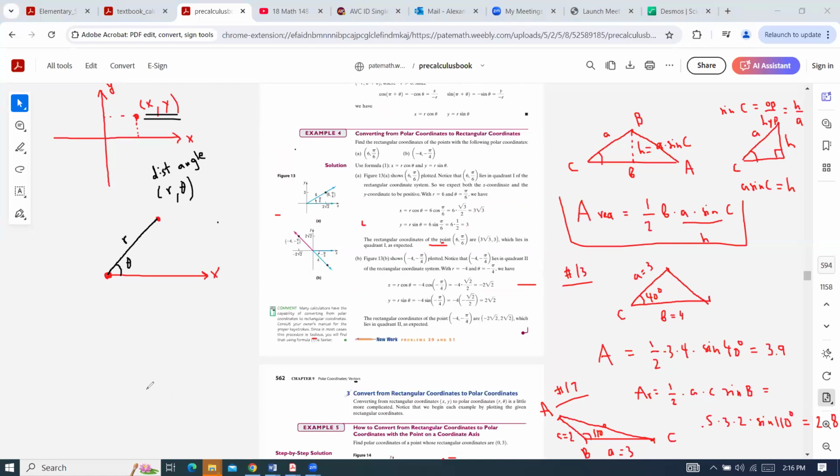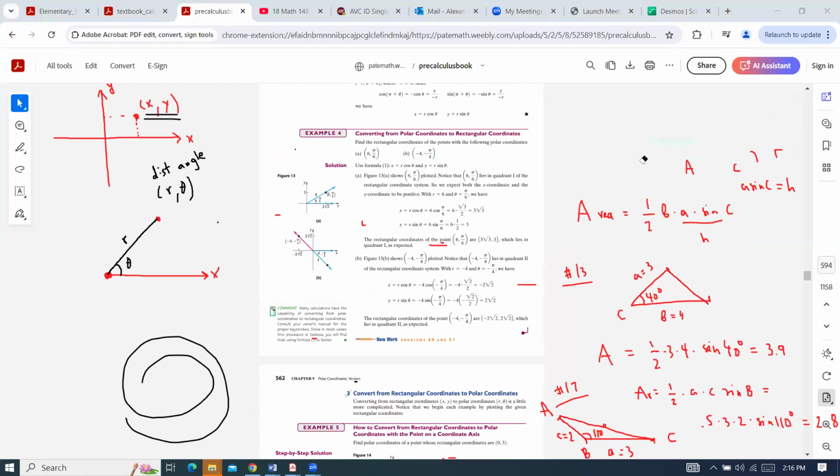Like, for example, if you start rotating things, and lots of times it happens in various physical motions.